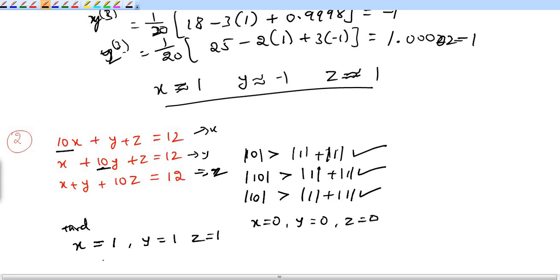That means you will get 0.99996 like that, which is approximated to 1, 1, 1. You may not get 1 exactly. You may get x equal to 0.99965 like this, which is approximated to 1. Similarly, y and z, that you have to check.